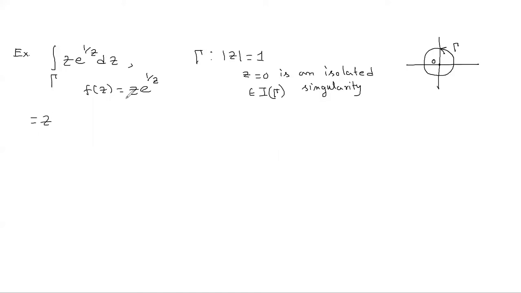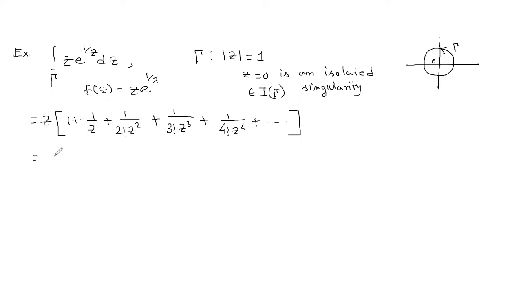So if we expand e power 1 by z, we'll get 1 plus 1 by z plus 1 by 2 factorial into z square plus 1 by 3 factorial into z cube plus 1 by 4 factorial into z power 4 and so on.